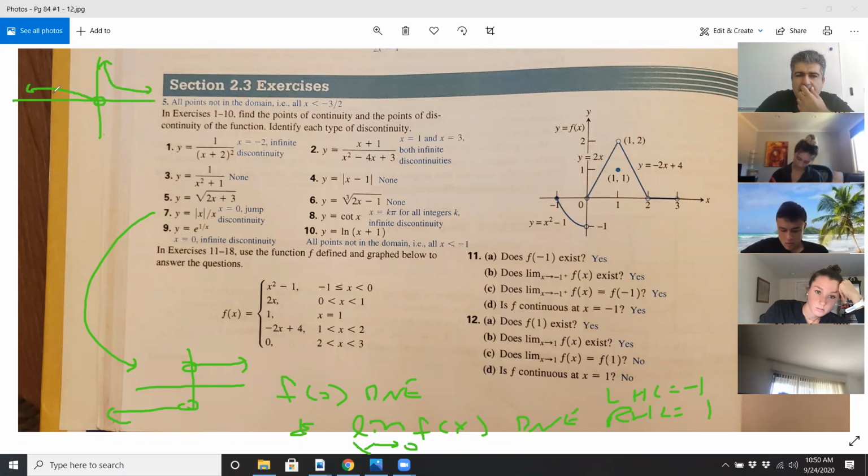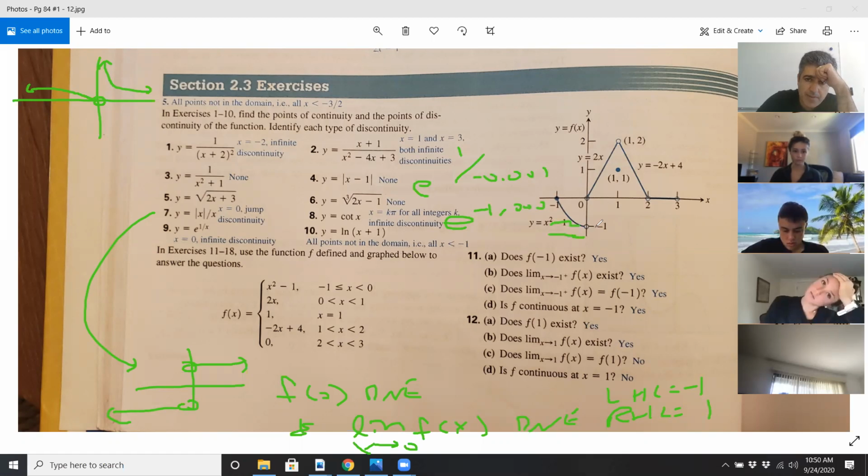Yeah, if you plug in like negative 0.0001, then you're doing that, which is essentially close to 0. But I believe there's a hole here, but also there's a vertical asymptote over here. We still call it an infinite discontinuity because of the infinite nature on the right side of the y-axis.